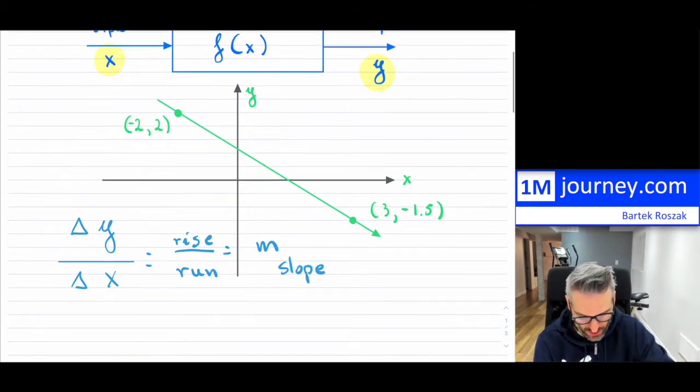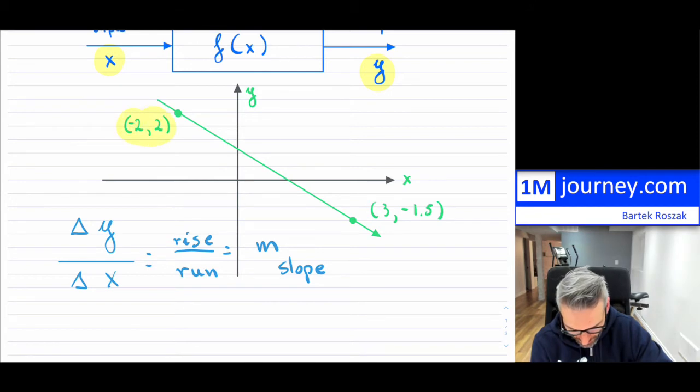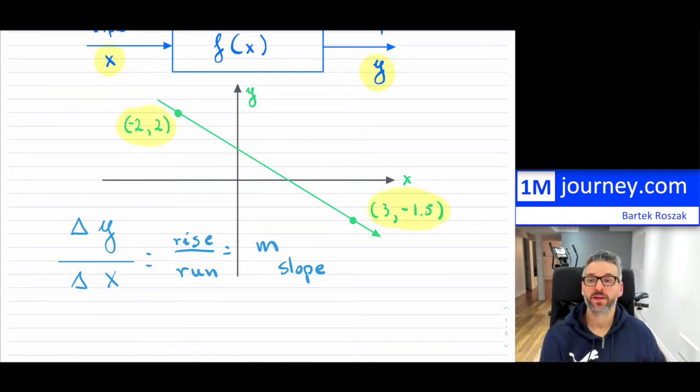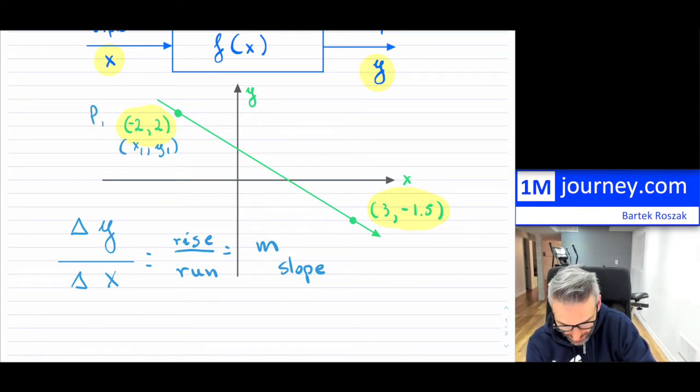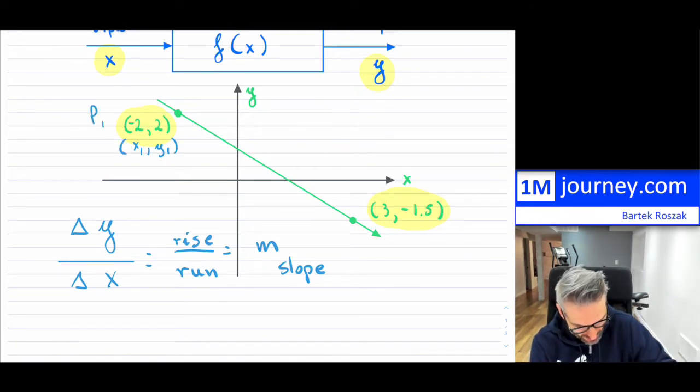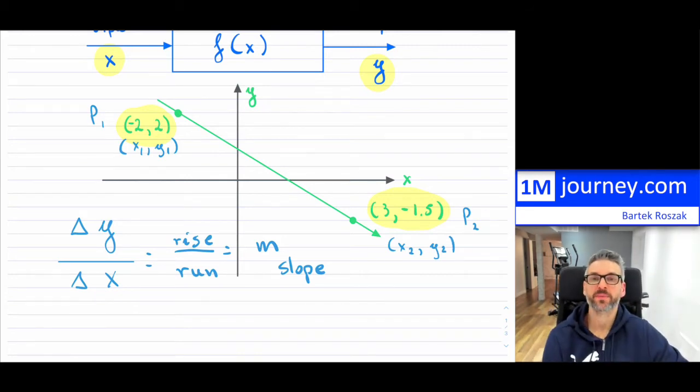If you take these 2 particular points, from here you have basically 2 inputs, so you have -2 and let's say 3, that's your x value. We can say this is x1 and this is our y1, so that's our first point, point 1. Then we have our second point, point number 2, with x2 and y2.